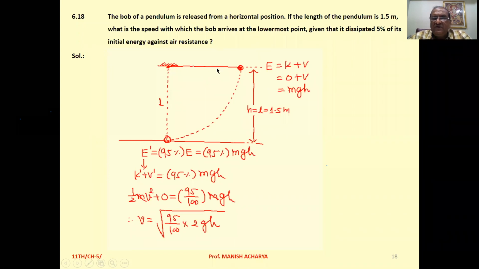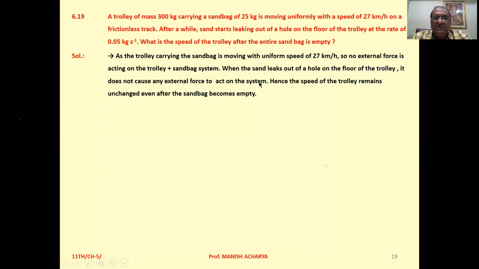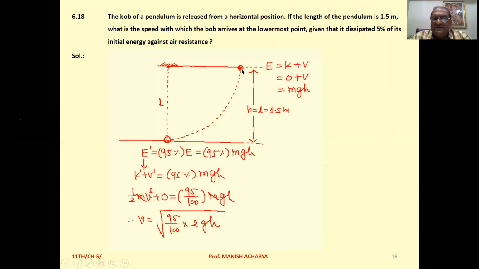So when this one is in horizontal position, we can say it is at a height h that is equal to the length of the pendulum, 1.5 meter.